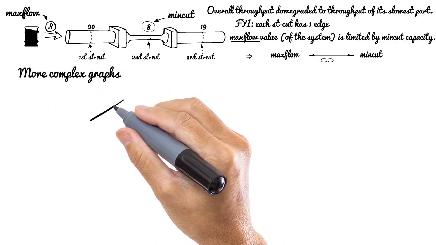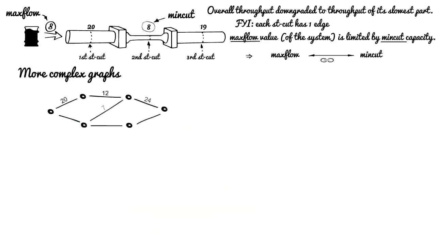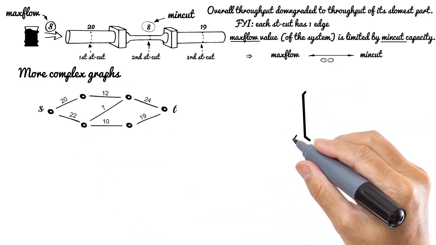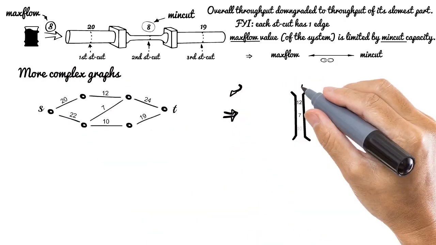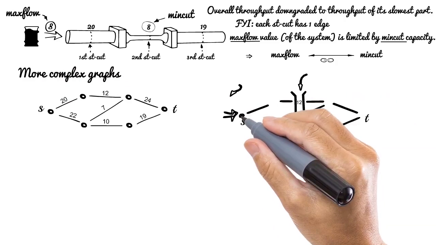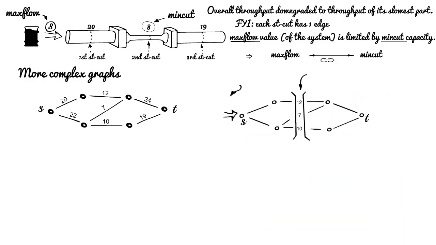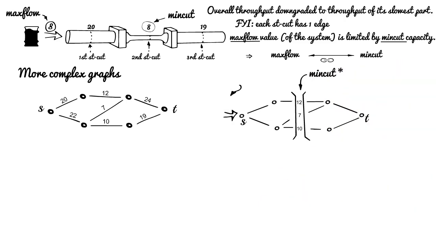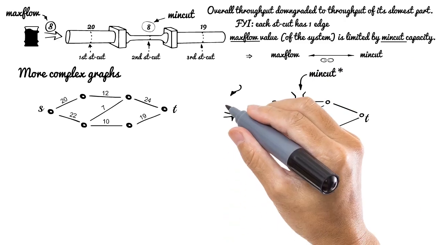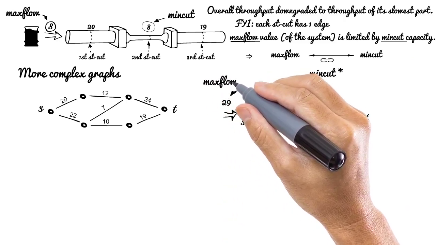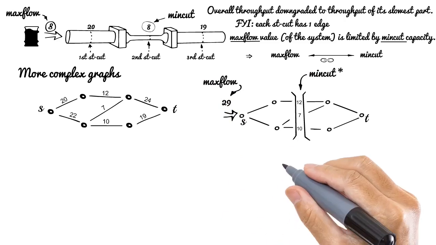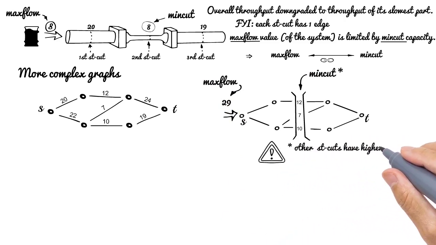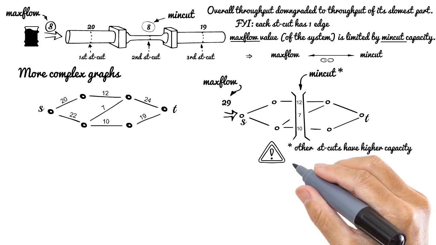With more complex graphs, we may have several alternatives, meaning we can have two or more edges between both partitions of an ST cut. But similarly, playing with all potential combinations of ST cuts, you can find a cut of a minimum capacity, regardless of the number of edges between ST partitions. And such a cut will represent the maximum flow value the system can potentially handle, because any other ST cuts will have higher capacity than our mincut.